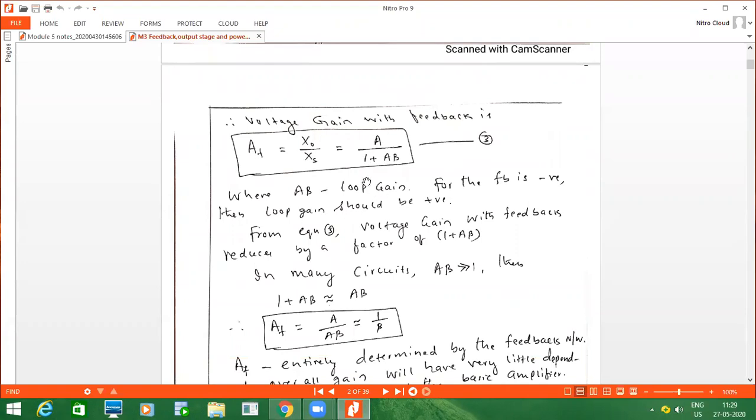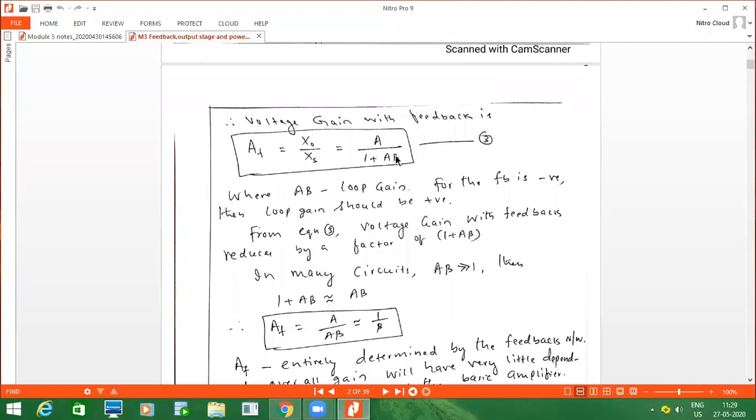At the same time, for simplification purposes, just see the denominator. In the denominator we have 1 plus A beta, correct? What is the open loop gain of an amplifier, an op amp? It is infinite, it is very high, correct?